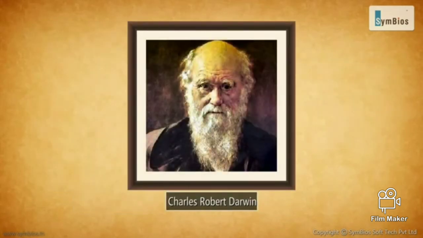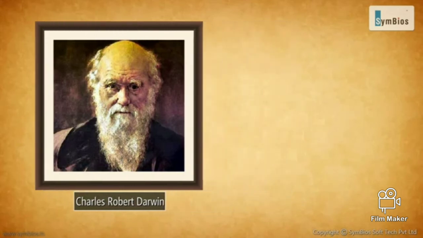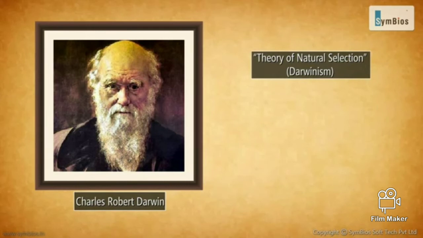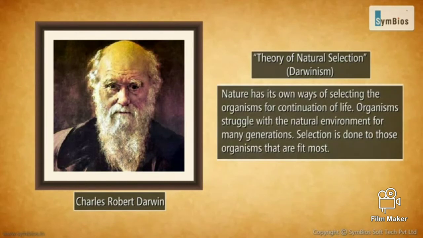Charles Robert Darwin proposed the theory of Darwinism, which is also called the theory of natural selection. According to Darwin, nature has its own ways of selecting the organisms for continuation of life. Organisms struggle with the natural environment for many generations.